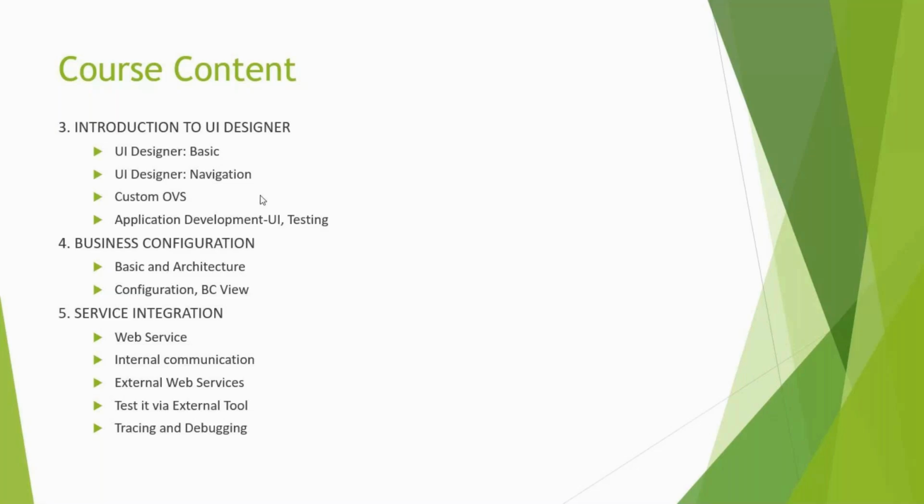Here we will cover the basics of UI designer, like types of screens and the creation of a custom OVS, and then the basic testing, and how the screens will be visible in the UI, and what the actions are, once we click on a button, what happens in the backend, and then any error messages or warning messages that we will check in the UI designer.